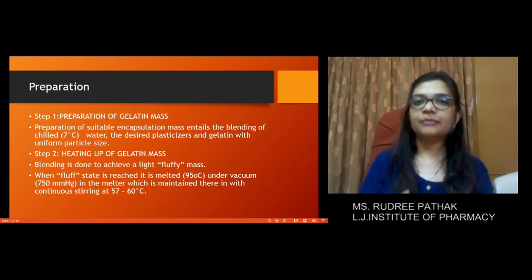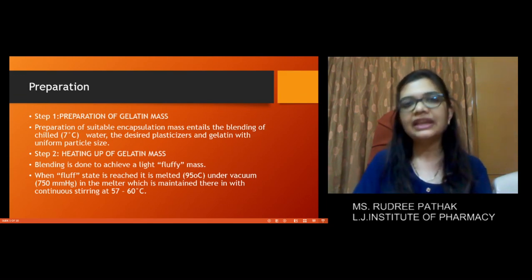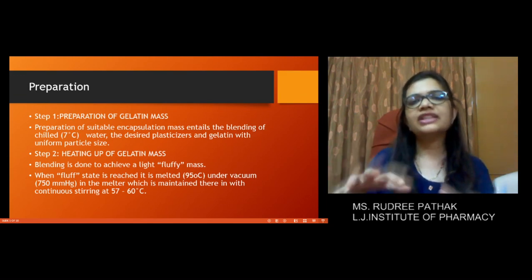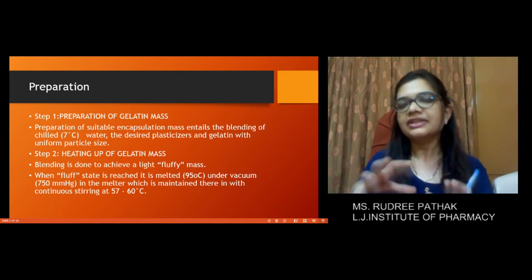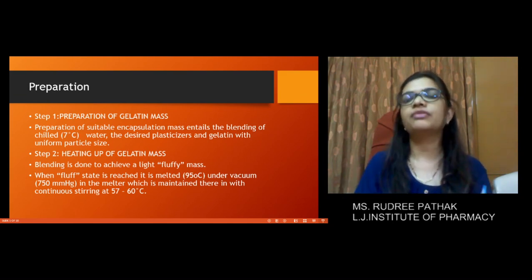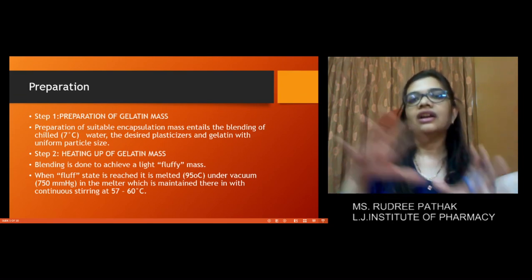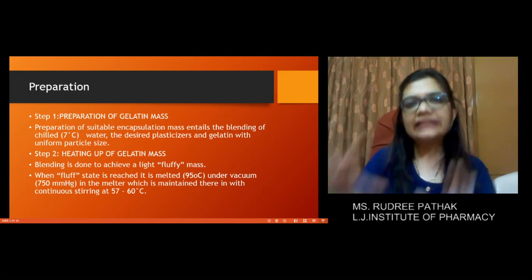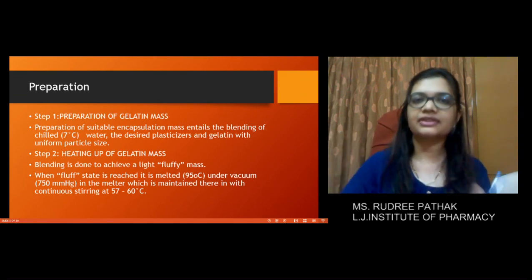In the second step, the same components are heated to a particular temperature and then maintained with specific humidity. So in the first steps, we are just focusing on preparation of the shell and maintaining this gelatin mixture at a particular temperature and humidity condition.